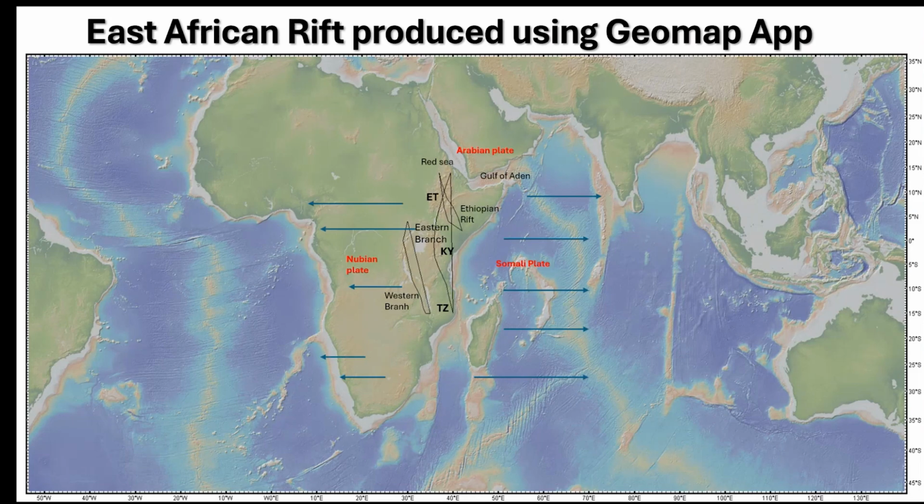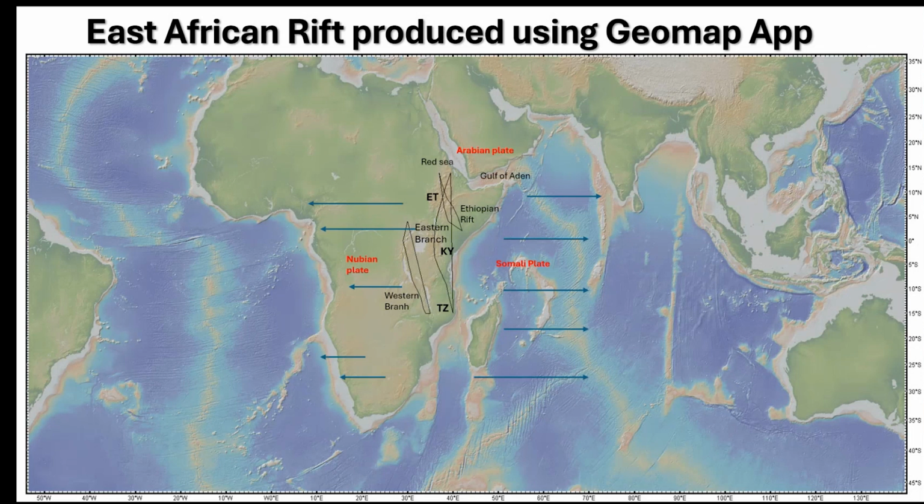I generated this map with the GeoMap app, trying to explain what is going on here. It's a map of Africa. I'll try as much as possible to explain it so that some of our viewers who do not have tectonics experience can have a glimpse of what I'm talking about.